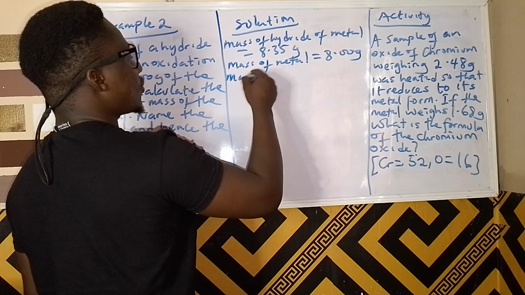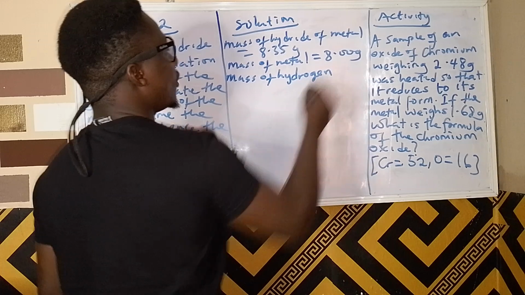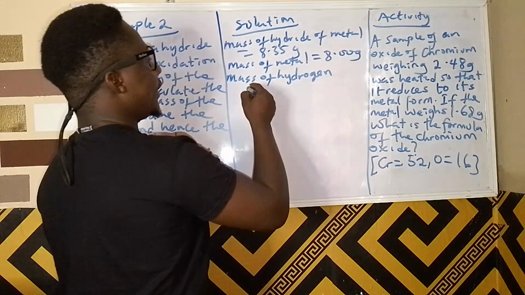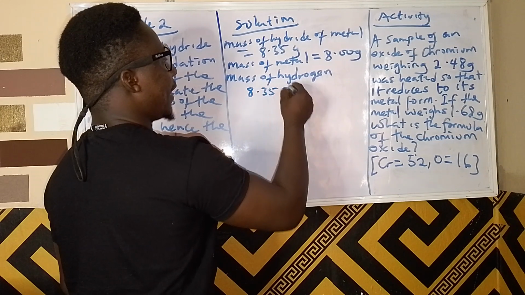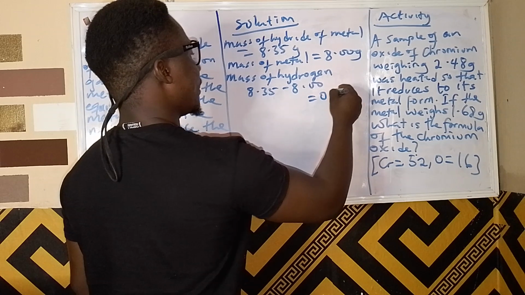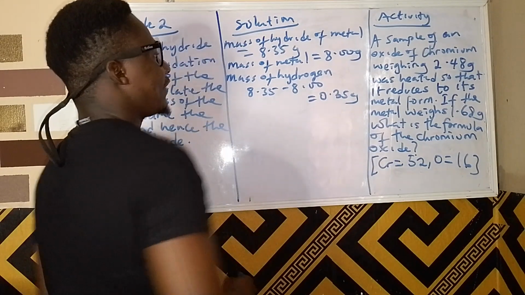Therefore, the mass of hydrogen here will be mass of metal hydride minus mass of metal. That is 8.35 minus 8.00. So you are going to have 0.35 gram. That's the mass of hydrogen.